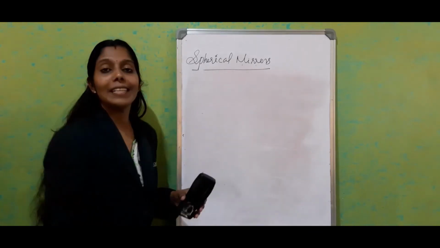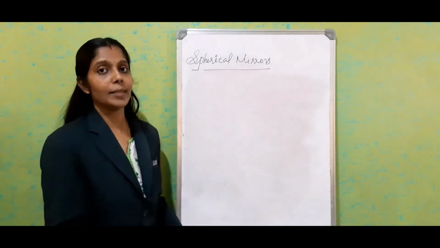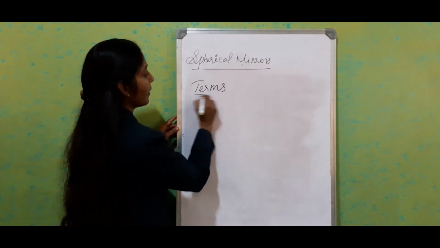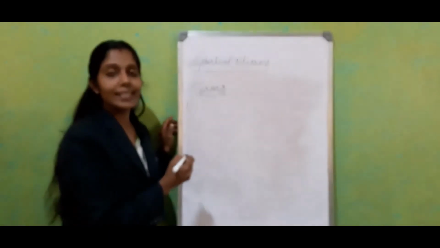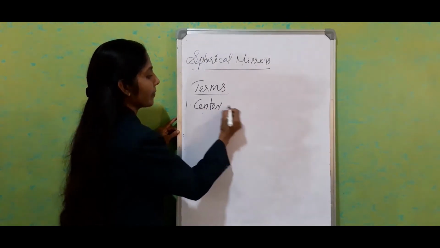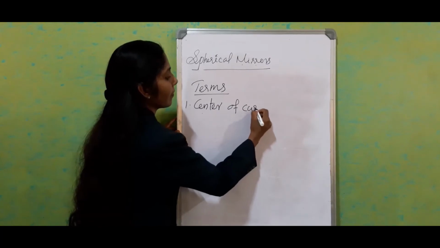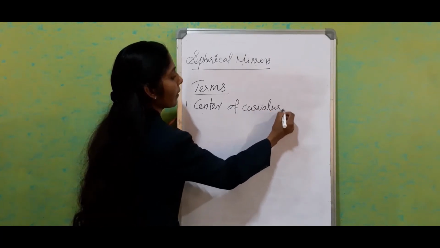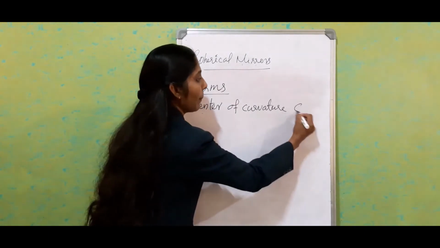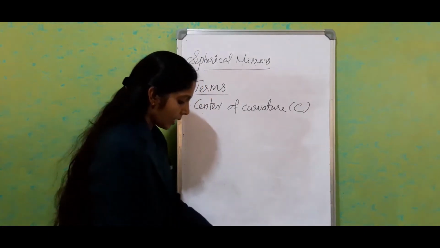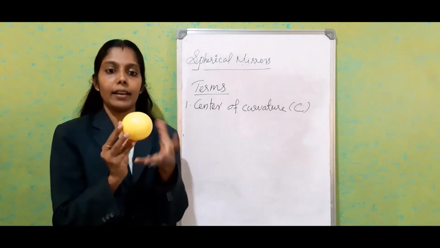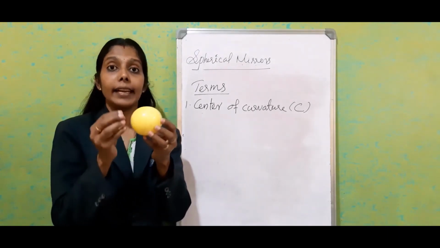Now we will see the terms related with spherical mirrors. Our first term is center of curvature. We represent the center of curvature with the capital letter C. Consider this as a spherical mirror, the entire sphere, and its center.